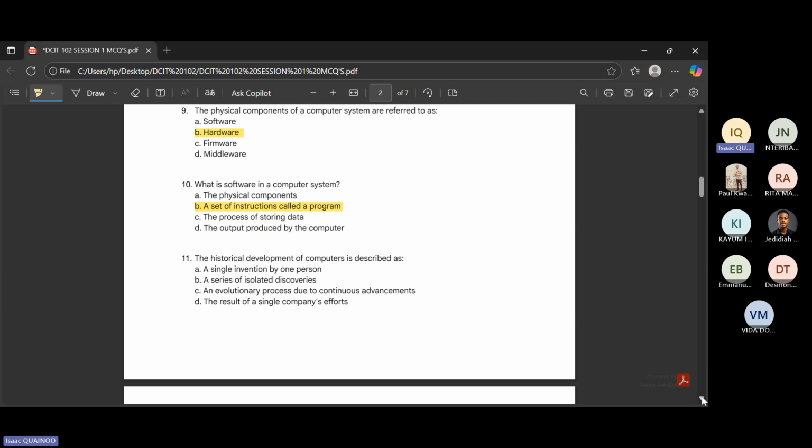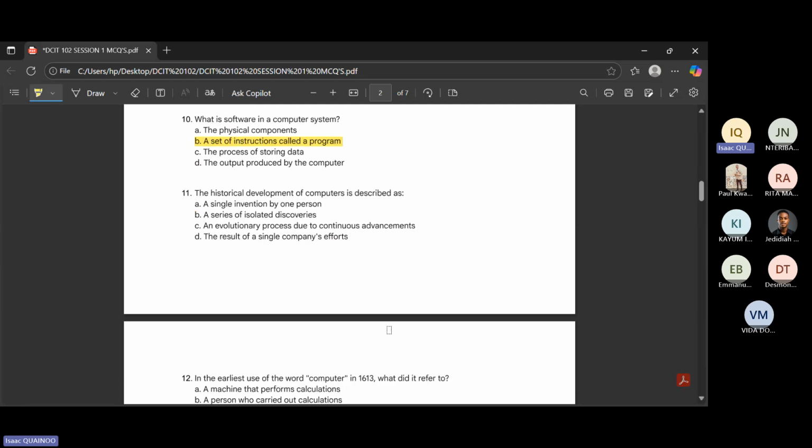So the historical development of computers is described as, this is where everything gets a little technical. A, a single invention by one person. We clarified this in the last section. B, a series of isolated discoveries. C, an evolutionary process due to continuous advancements.